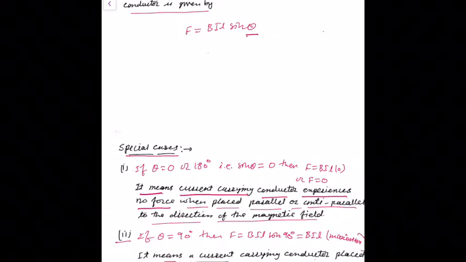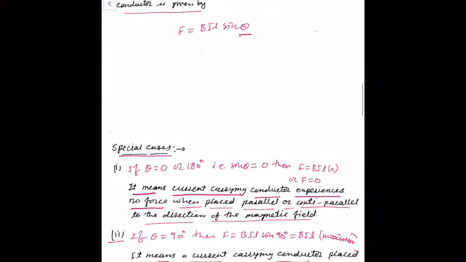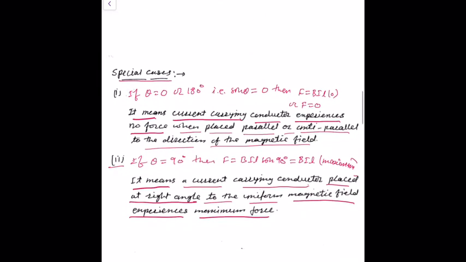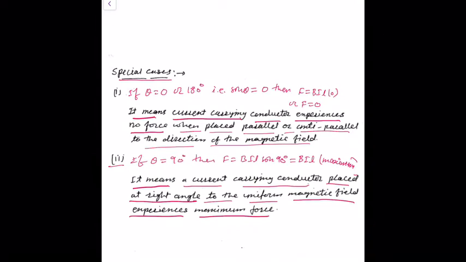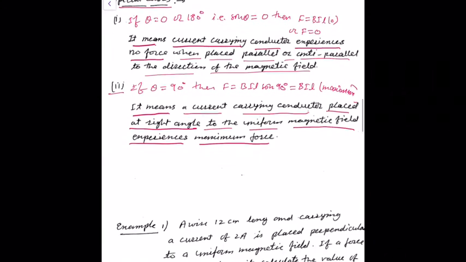It means a current carrying conductor placed at right angle, means 90 degree, to the uniform magnetic field experiences maximum force. The direction of force on a current carrying conductor placed in a perpendicular magnetic field is given by Fleming's left hand rule.